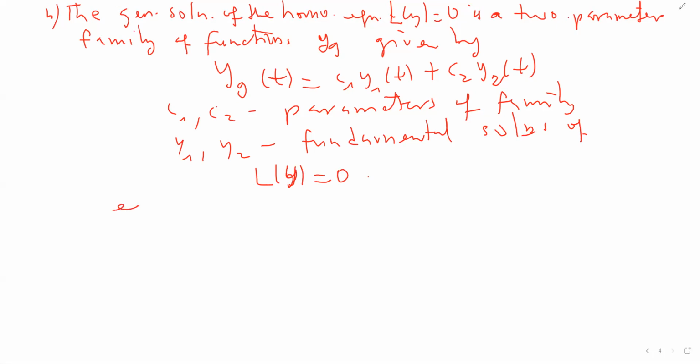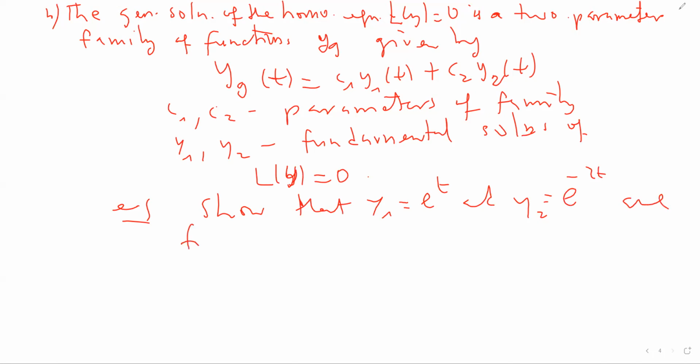Okay, example is to show that y1 equals e to the t and y2 equals e to the minus 2t are fundamental solutions of y prime prime plus y prime minus 2y is equal to 0.